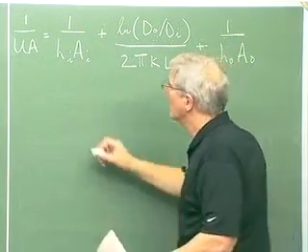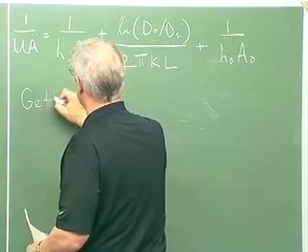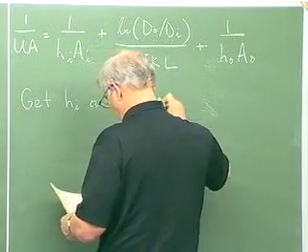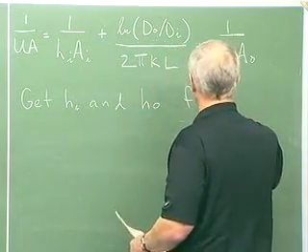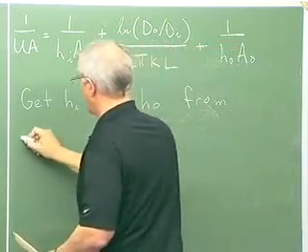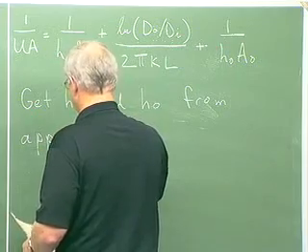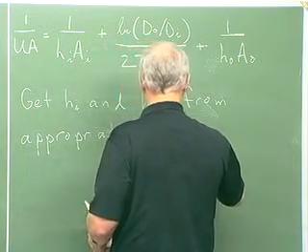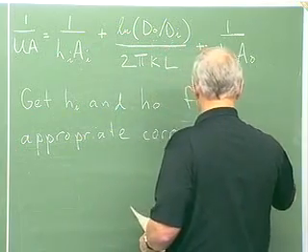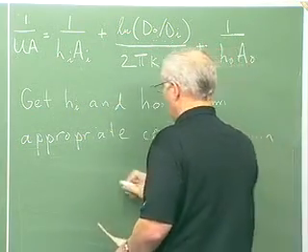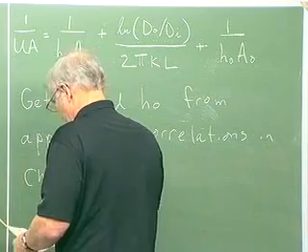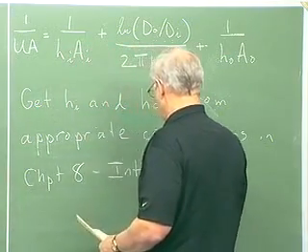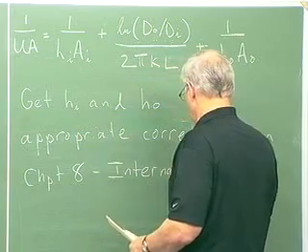Well, we get h_i and h_o from the appropriate correlations in chapter 8, which is entitled Internal Flow.